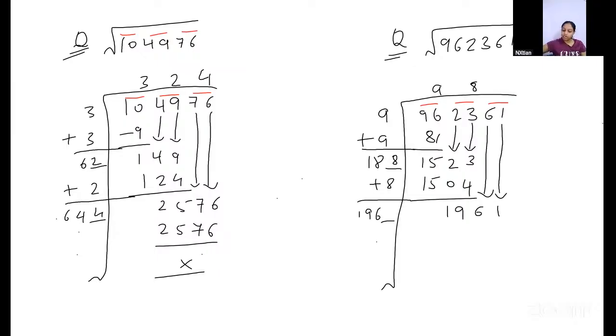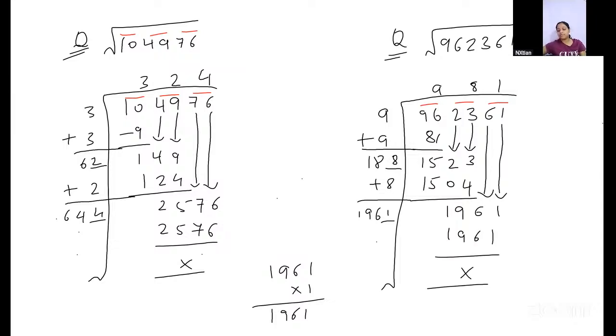I'll just put 196 and 1 into 1 we'll do. I'll get 1961. So I'll put 1 on the top, 1961, and I will get 0. So my square root of 962,361 is 981. Okay, understood how we do it?